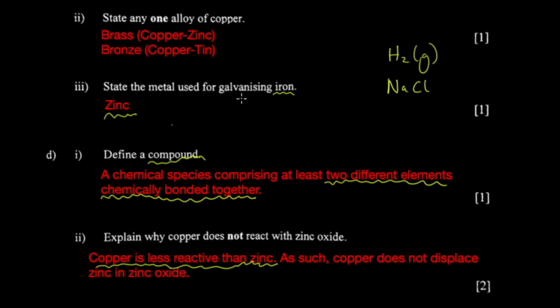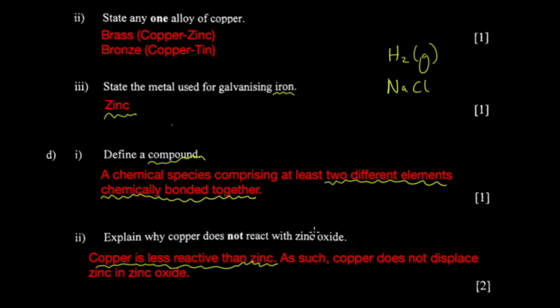I'll try and do an extra video some other time, explaining the reactivity series. What it does is give you an idea of which element can displace another. So here, if you have copper and zinc oxide, you want the copper to displace zinc, so that you would have copper oxide and zinc.